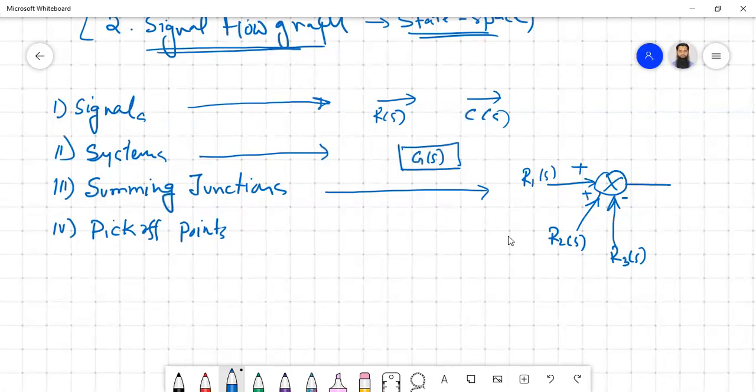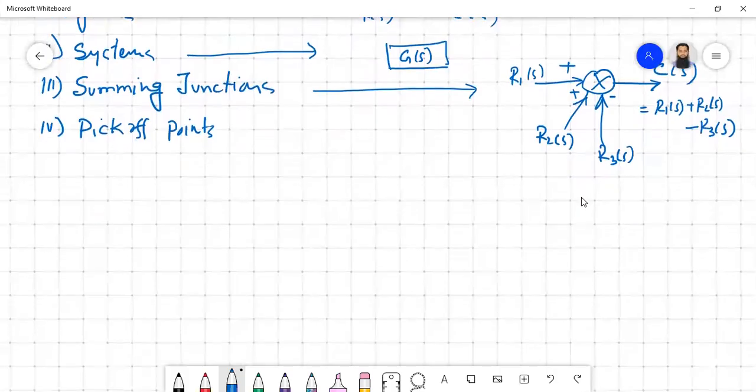Any addition or subtraction can be used. So what will be our output? The output will be the summation of all three, equal to R1(s) plus R2(s) minus R3(s). This is what the summing junction looks like. The output is the algebraic sum of the different inputs attached to that junction.